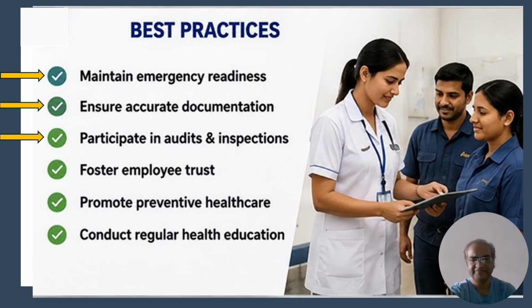You need to actively participate in all the audits and inspections. Foster employee trust. Give them proper time. The labor is our primary audience. We are here all for the laborers. They are innocent people. They are genuine candidates and they need our services.